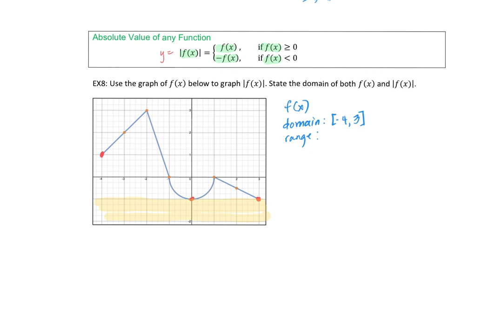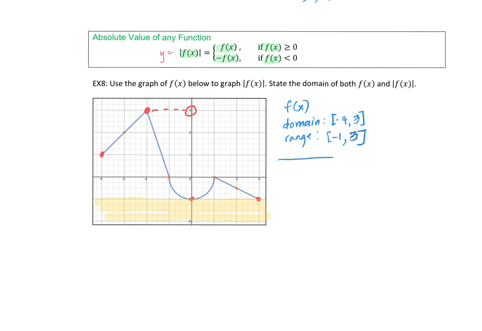So it looks like my range is going to go from -1, and it's a bracket because it exists, and then the highest y value, the highest point on the graph, corresponds to +3. So this is going to go to 3. I have found my domain and range for f of x.